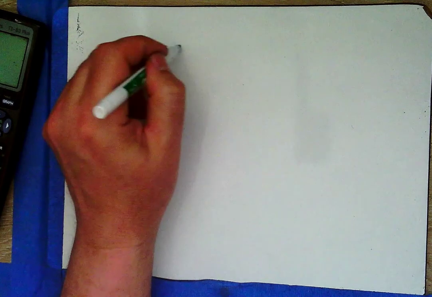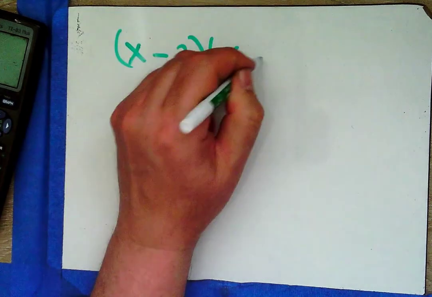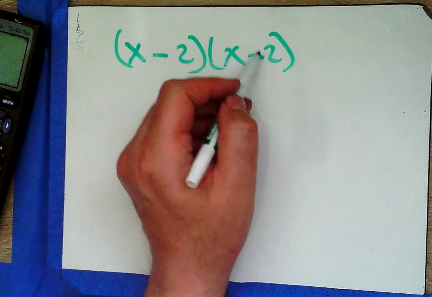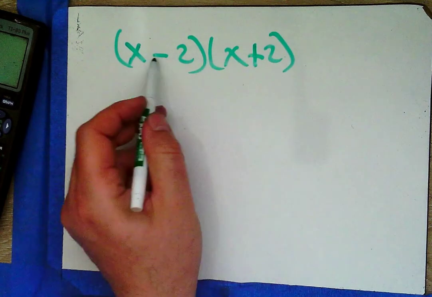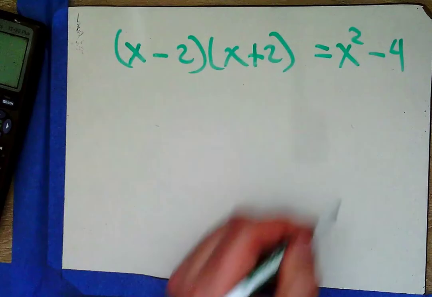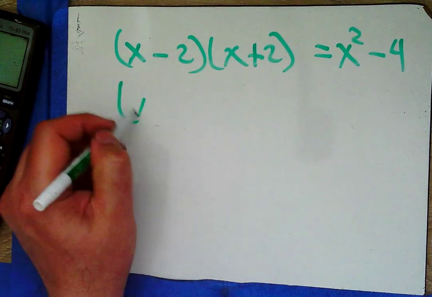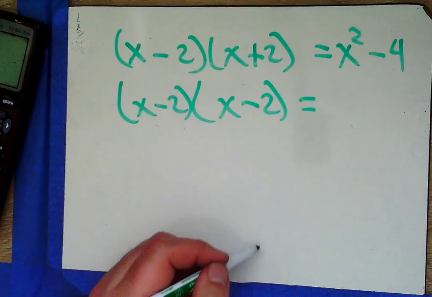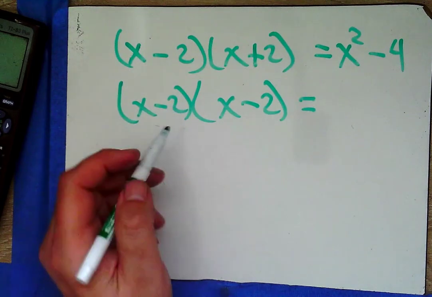All right, so don't confuse that, though, with this. This is not a difference of squares. A difference of squares has to have a plus and a minus. In this situation, the middle term goes away. But in this situation, the middle term does not go away. I need to do my FOILing here.